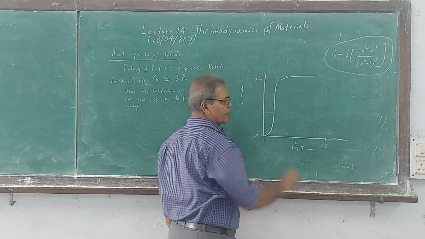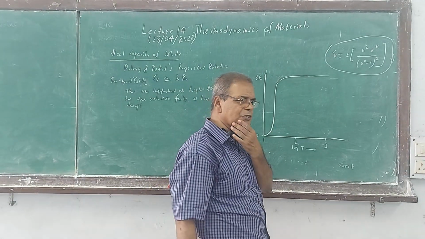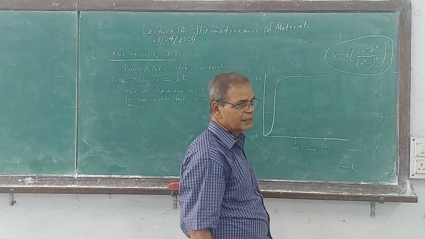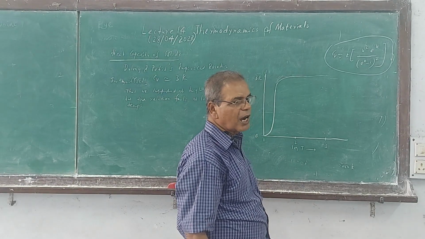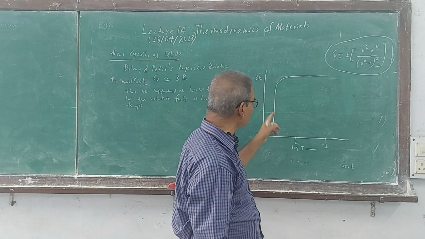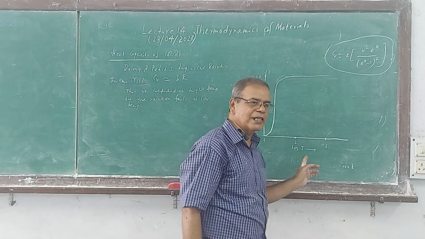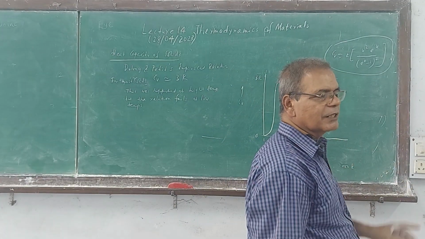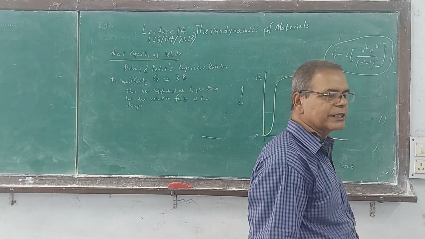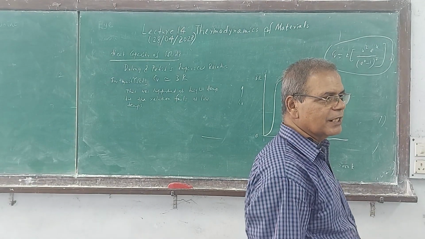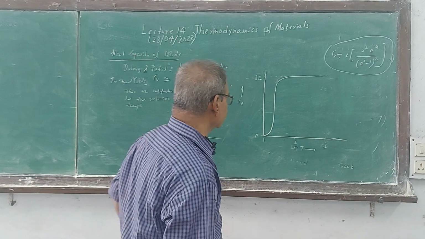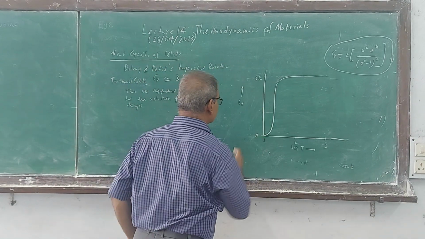So how to explain this? This could not be explained. This was explained by quantum mechanics. And who did this? You know, Einstein. Einstein first took up this challenge, to explain the decreasing heat capacity with temperature at low temperatures. This behavior was explained by Einstein.